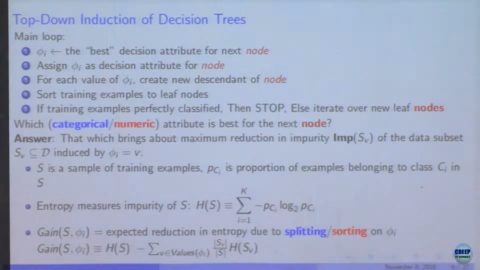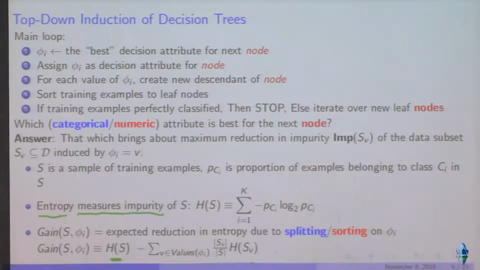There are different measures of impurity. Data gets split. I've used S here instead of D, that's also fine. S is the entire sample. HS is a measure of impurity of the sample. H is the entropy. Entropy measures impurity. And we take this entire difference, the entropy before and the weighted entropy after.